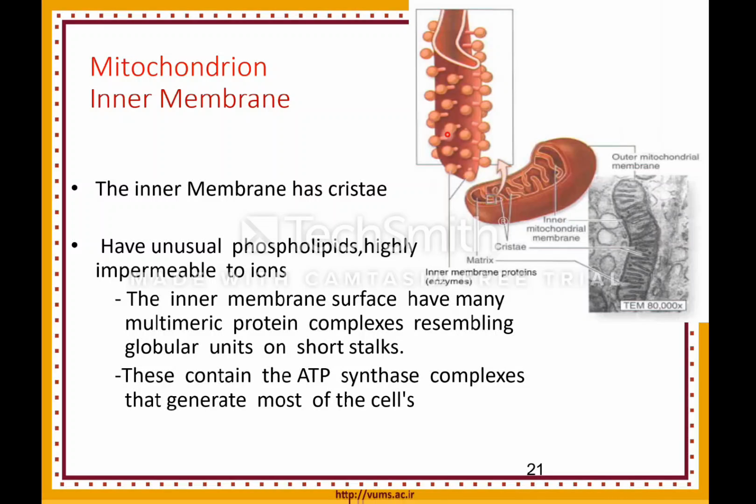The inner membrane of the mitochondria has some enfoldings to the matrix named cristae. Mitochondria have unusual phospholipids that are highly impermeable to ions.